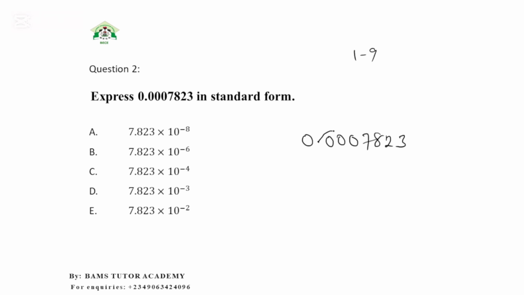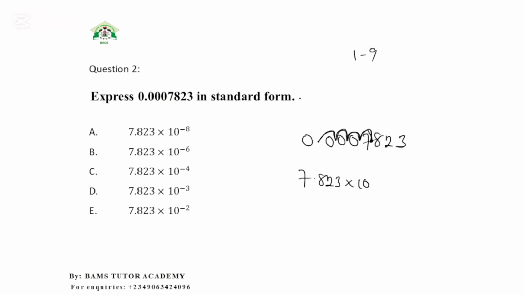If I move it here, this is 0.07823. It's still not between 1 and 9, so I'll keep moving till I get to that first digit. This is 7.8, which is between 1 and 9, so this is 7.823 times 10 raised to the power of, how many times did I move? Now I moved 1, 2, 3, 4.